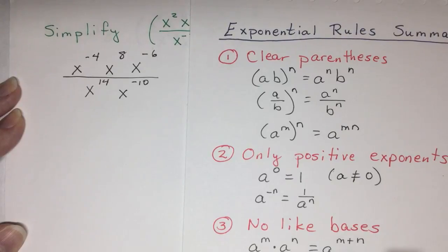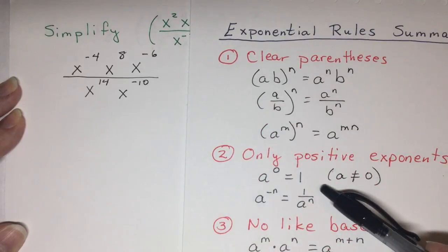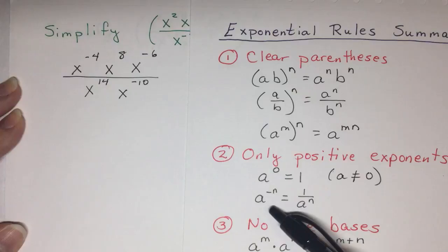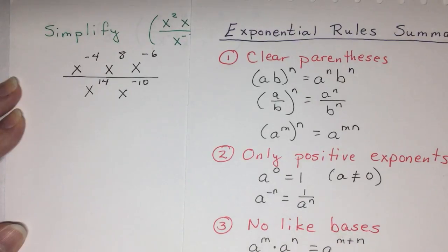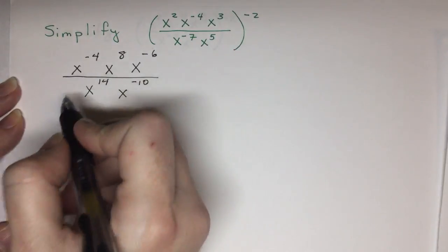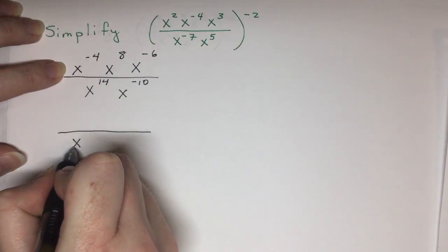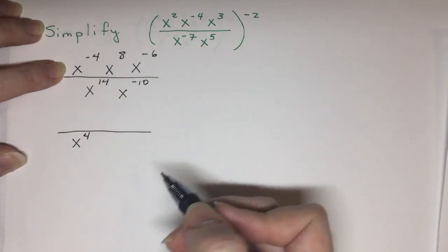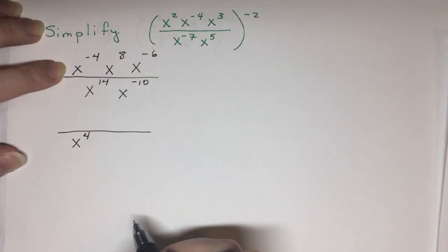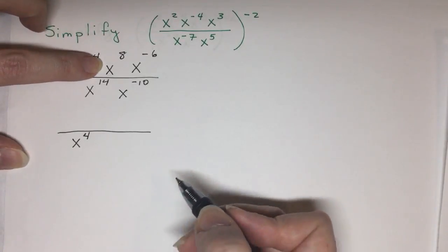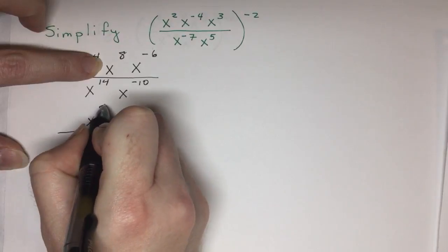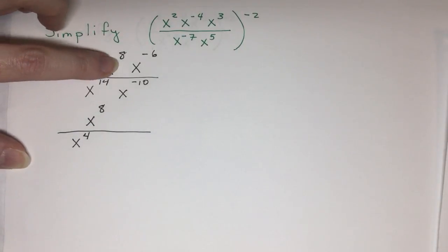What I'm going to do next is I'm going to say, okay, I want only positive exponents. So I'm going to take negative exponents and flip them around. X to the negative 4, well, I don't want a negative power, so it goes to the reciprocal. X to the positive 4, now in the denominator. X to the 8 stays just where it is, positive power.